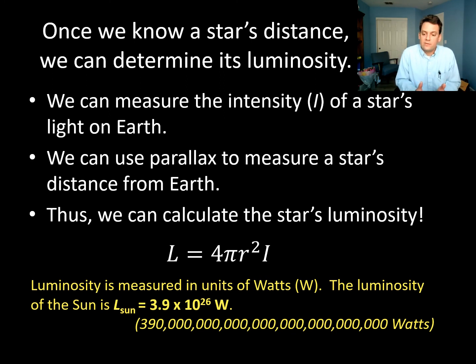Scientific notation saves you. But as a matter of fact, very often when we write down the luminosity of a star, we just express the star's luminosity in units of the sun's luminosity. So we might say it's 5 times the sun's luminosity, or half the sun's luminosity, for example. It makes it a lot more convenient than writing out huge numbers.